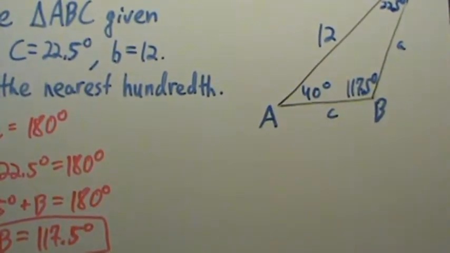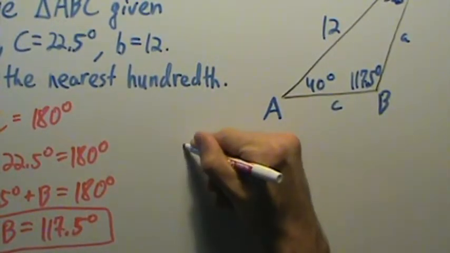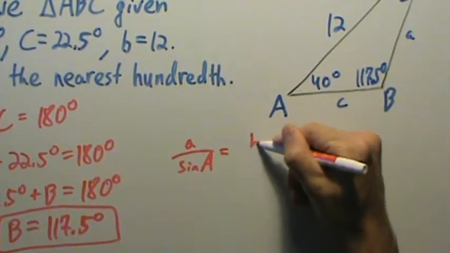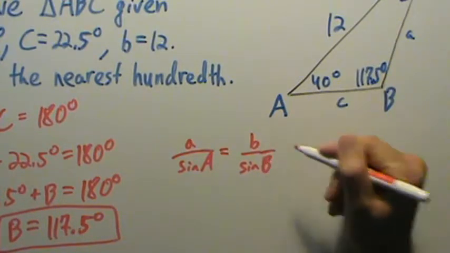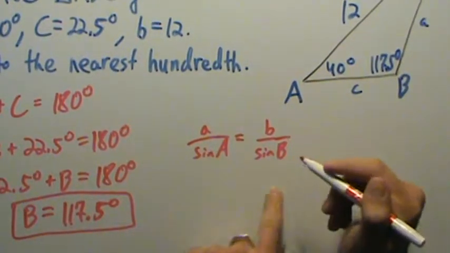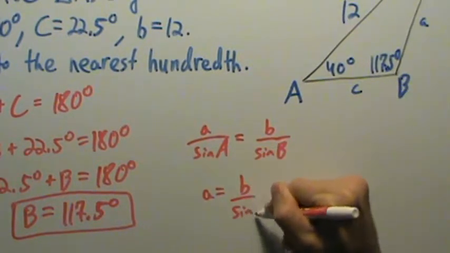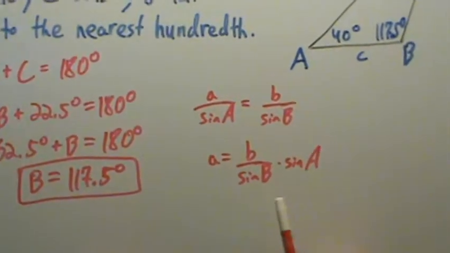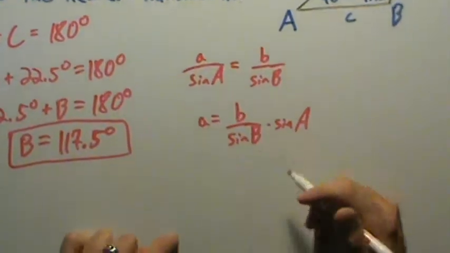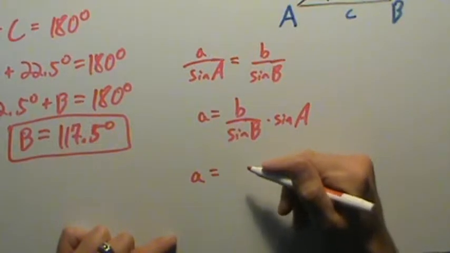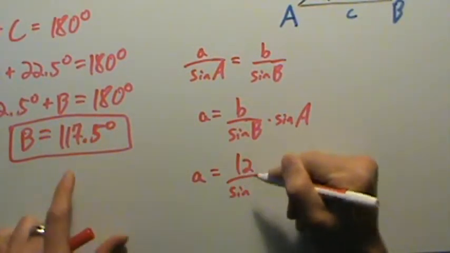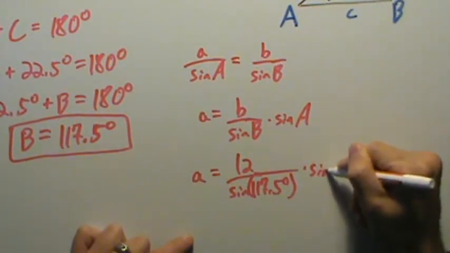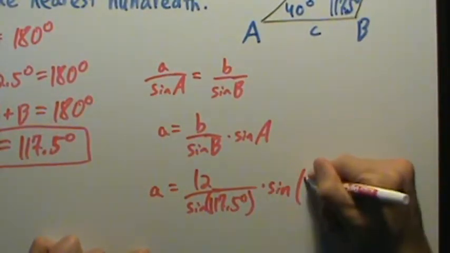So little a over sine of capital A equals little b over sine of capital B. Multiply both sides by sine of A, and we get little a equals b over sine B times sine A. Now we know little b, we know big B, and we know capital A. So let's toss all this in: a equals 12 over sine of 117.5 degrees, multiplied by sine of 40 degrees.